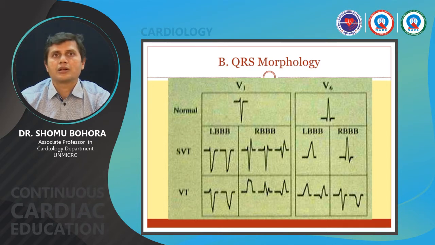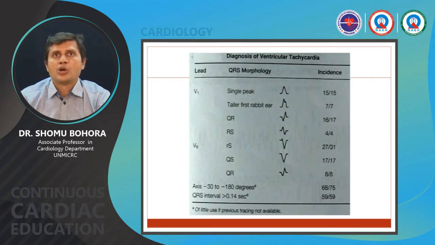In LBBB, if you have a QS pattern in V1 or a very small R which is broad, it suggests a ventricular rhythm. In V6, absence of an R wave, so presence of Q waves in the presence of a wide complex tachycardia, should make you suspect a ventricular tachycardia. So diagnosis of ventricular tachycardia based on morphology: in V1, if you have a single peak, initial taller rabbit ear, or a QR pattern, or an RS, where the initial R is very broad, it suggests a ventricular tachycardia.